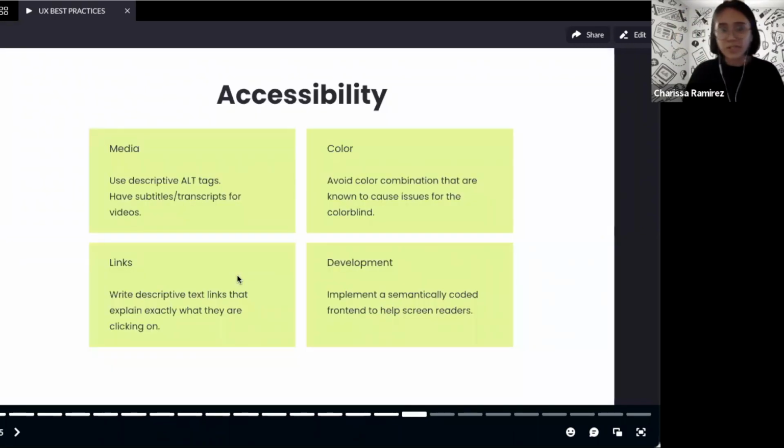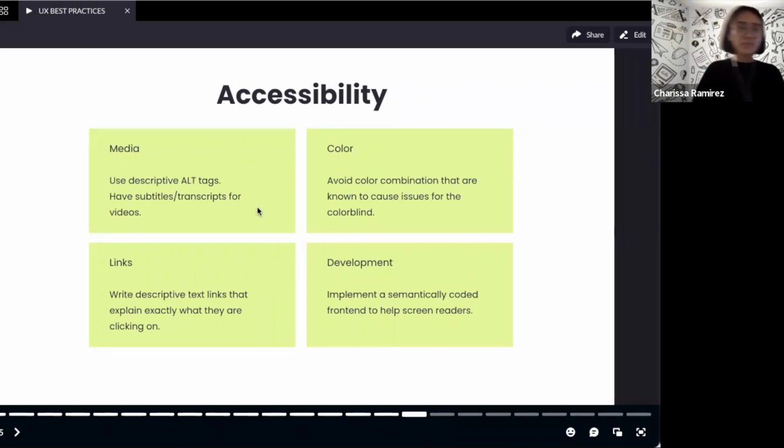Here are some ways you can make your products accessible. Use descriptive alt tags for images, videos, and other media types. It's also good to have subtitles and transcripts for videos. Another one is to avoid color combinations that are known to cause issues for the colorblind.